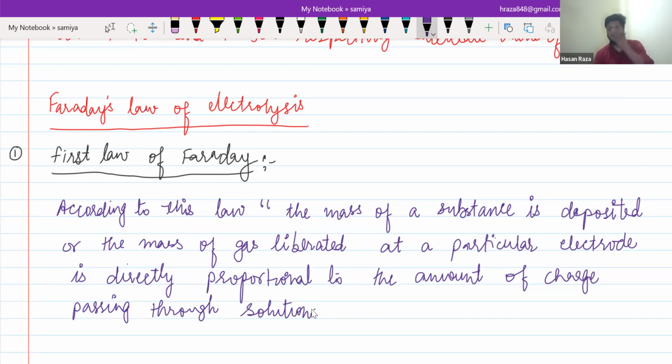Please write this, then I will explain what it is exactly. What is this mass of substance deposited or the mass of gas liberated at a particular electrode, and we know that electrode is of two types, anode and cathode. First write it and then let me know.